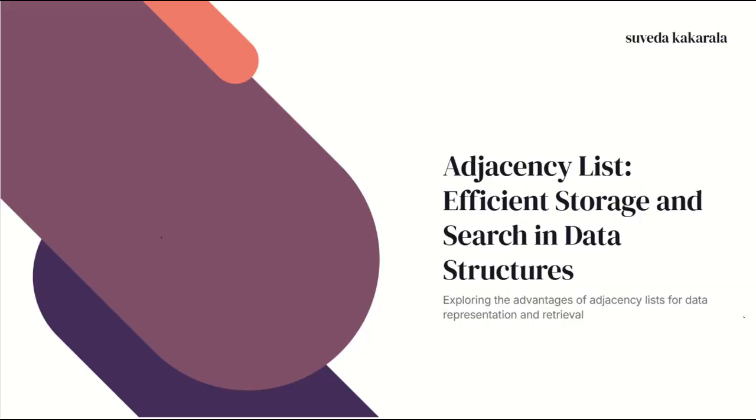In this video, we are going to see what an adjacency list is and how efficient storage and search can be on an adjacency list. It is important in data structures because exploring the advantages of adjacency lists for data representation and data retrieval is also important. As we all know, a graph can be represented in two ways: an adjacency matrix and an adjacency list.